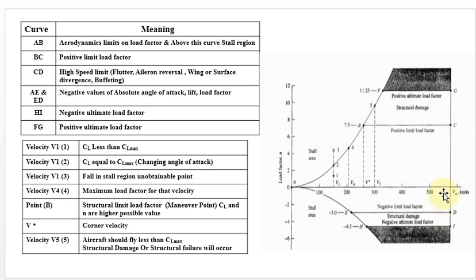If I go beyond CD velocity, structural damage will happen here also, depending on factors like aileron reversal, fluttering, surface divergence and buffeting. All these things will happen once you go beyond the CD line. This is the thing you have to remember for your VN diagram.